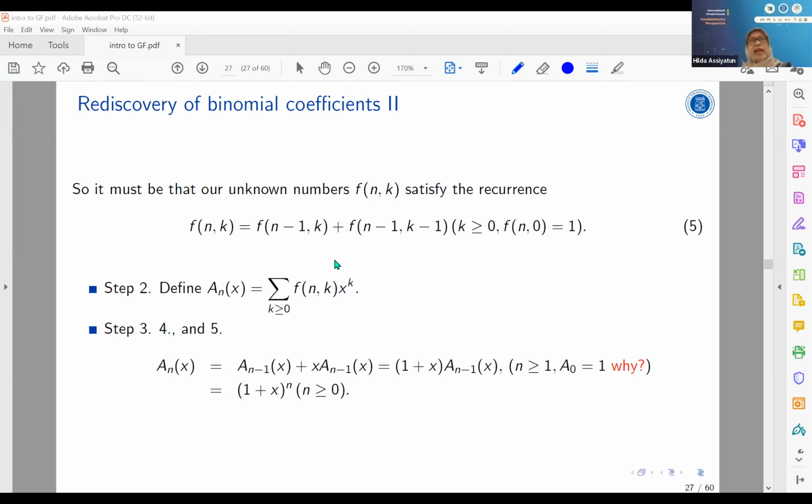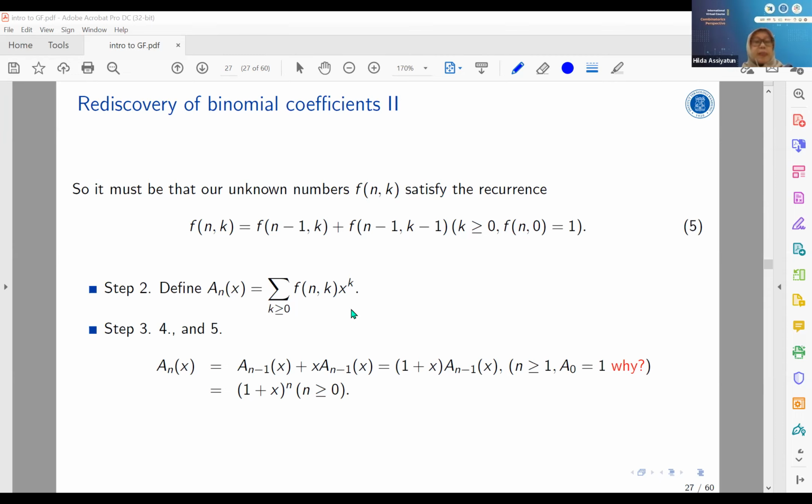Now we will do the same procedure again. We define the generating function with only one variable x, corresponding to the second index. So we define a n x, which depends on the first variable n, equals this series.